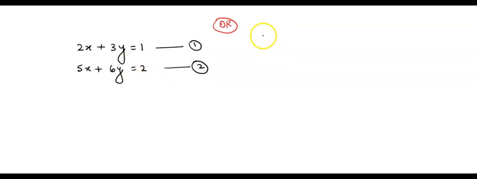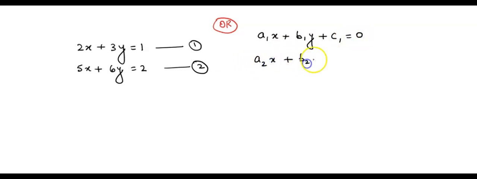Now as we can see, it is in the form of a1x plus b1y plus c1 is equal to 0, a2x plus b2y plus c2 is equal to 0. As you can see, a1 is 2, b1 is plus 3, c1, where is c1? Here is no c1.